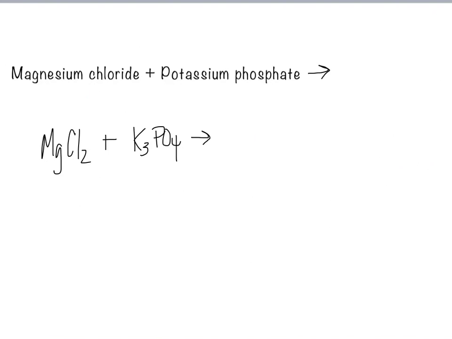It's going to turn into, the magnesium is going to go with the phosphate, so magnesium, there's the 3 from the phosphate, PO4, there's the 2 from the magnesium, plus KCl, potassium chloride is the other thing that is made. So as far as balancing goes, I would place a 3 here, and I'd place a 2 here, and I would need a 6 here, and that would be the balanced formula equation for this reaction.